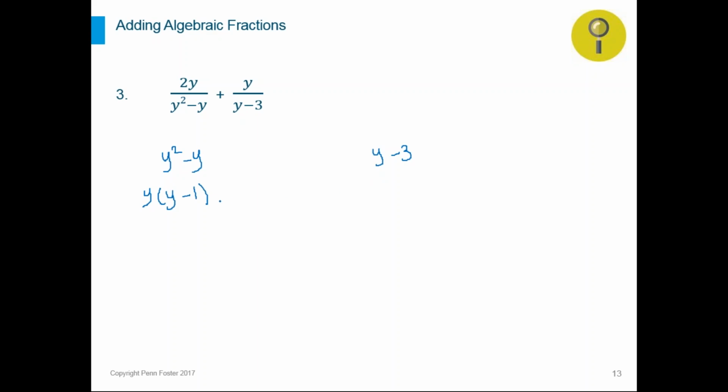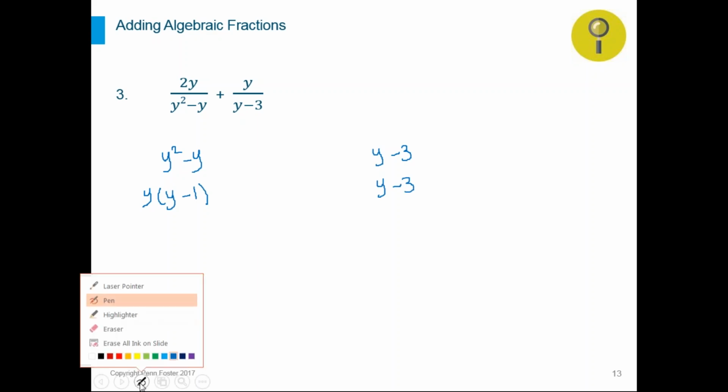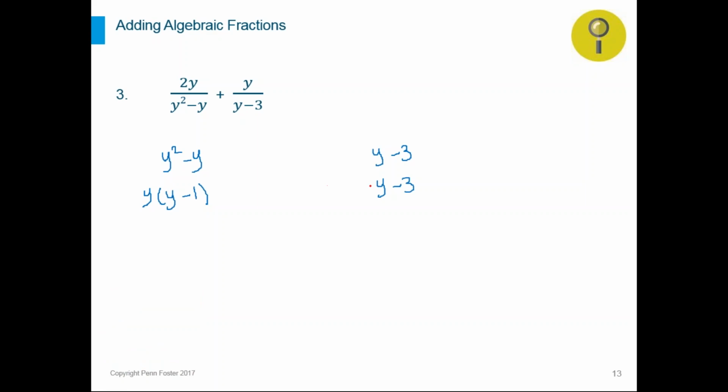Now I'm comparing that denominator with the second denominator, y minus 3. The second denominator is missing a y, so give it a y, times y. Remember, I'm multiplying the y times everything in the second denominator, so y times y minus 3.